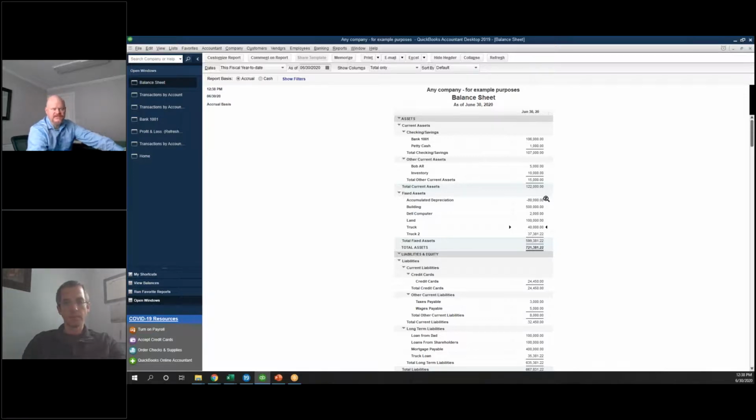I did not separate that out and I should have for illustrative purposes. Let's say that $20,000 of that accumulated depreciation belongs to this old truck.